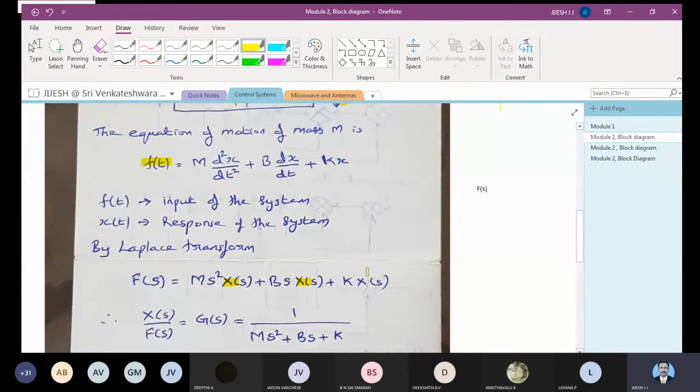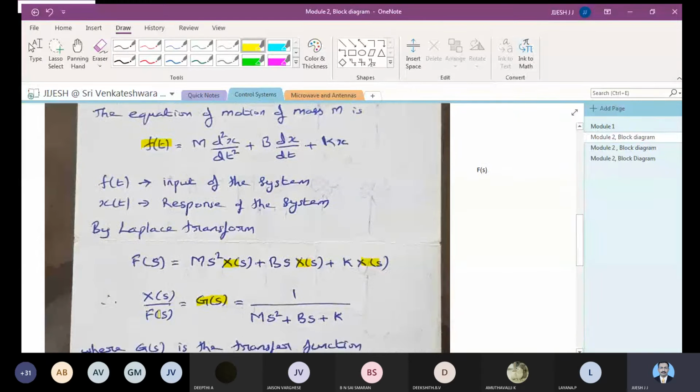Here I am going to just introduce a term g of s. x of s is the response of the system, and f of s will be the input of the system.